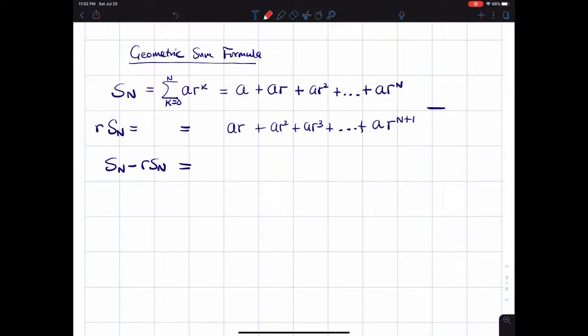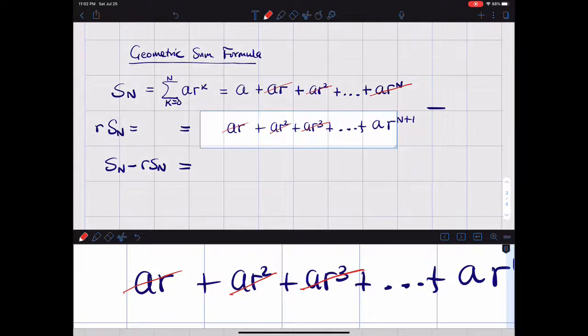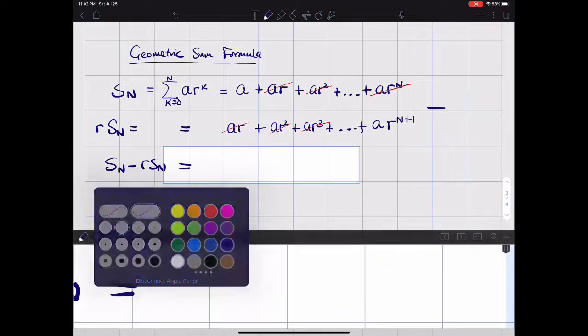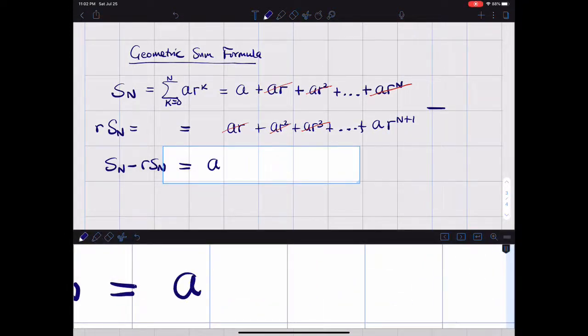So ar is going to cancel out with this, because this would be ar minus ar. This is going to cancel out with that, and so forth. So you'll be left with a minus ar to the power of n plus 1.